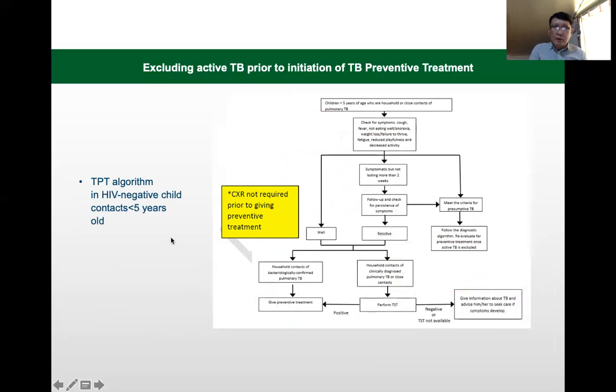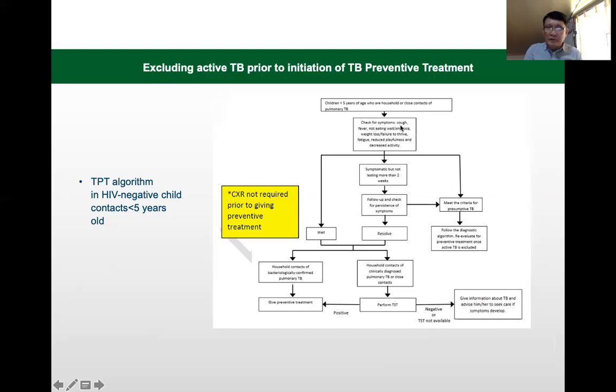Now let's go to the TPT algorithm in HIV negative child contacts less than 5 years old. Okay. The algorithm is too small. I could hardly read it. But anyway, let's just proceed. Children less than 5 years of age with a household or close contact of pulmonary TB.